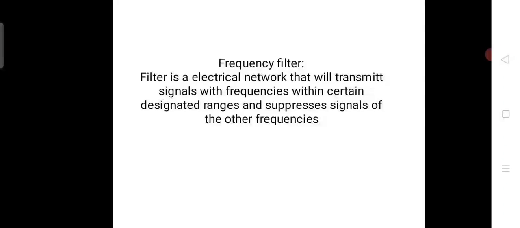If there is any variation in the frequency range, then that different frequency range will not be allowed. Such an electrical network is called a frequency filter. In simple terms, a particular range of frequencies is allowed and the other range of frequencies is removed or suppressed.